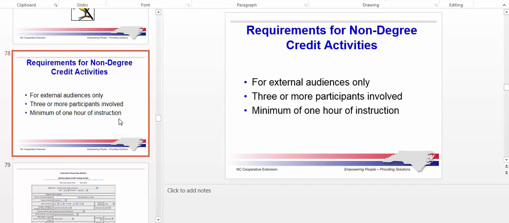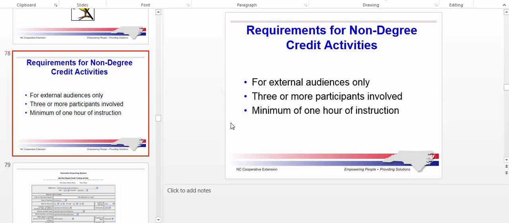And you want to make sure that the teaching activity does not offer degree credit. That's why it says non-degree credit. You want to make sure the participants register before, during, or after the program that you conduct. And the activity is curriculum-based, meaning that it has instructional content and a syllabus that you're teaching from. So there's actually several areas to be concerned about, and these 3 are probably the most important in determining whether you include a non-degree credit activity or not.